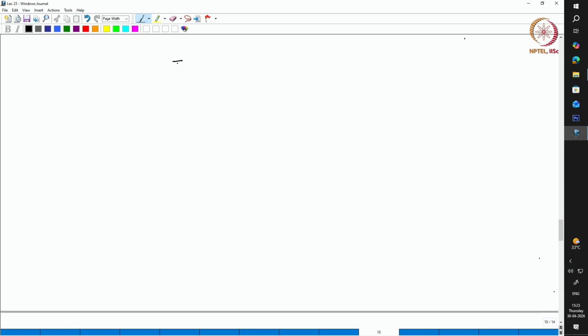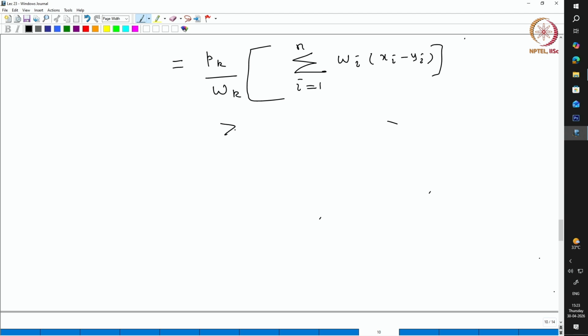This is equal to, I can take Pk by Wk common out, and sigma i equals 1 to n of Wi times xi minus yi, and this is greater than or equal to 0.